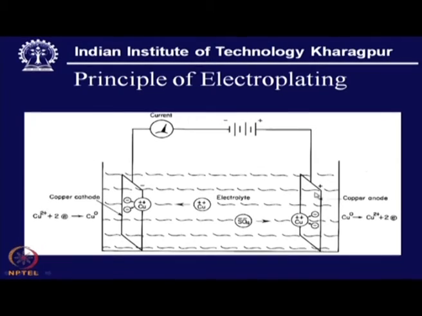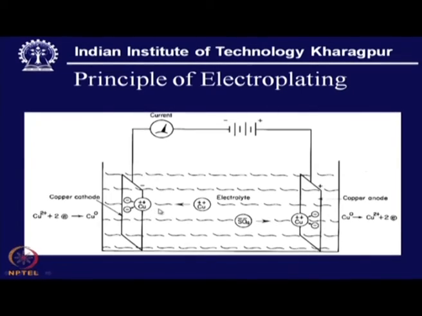Now, what is going to happen in this case? Because of this negative polarization, copper ions will collect on this surface, and electrons will move through this path to this side, and the copper ion will be neutralized by this electron, and this becomes neutral copper that is collected on this surface.